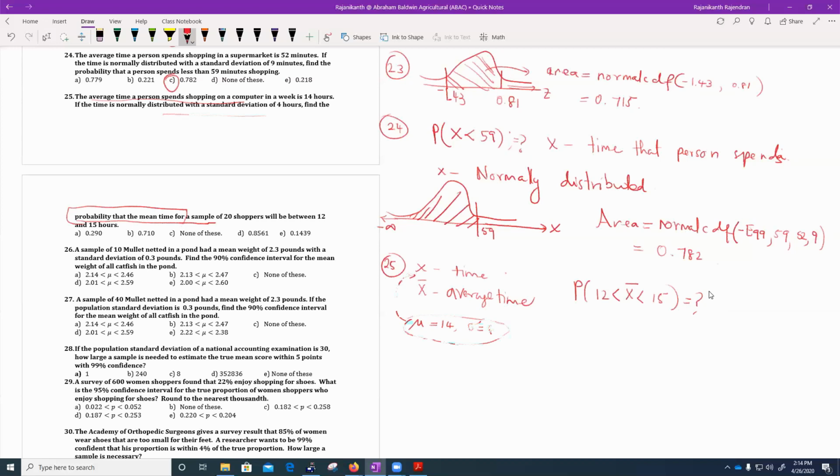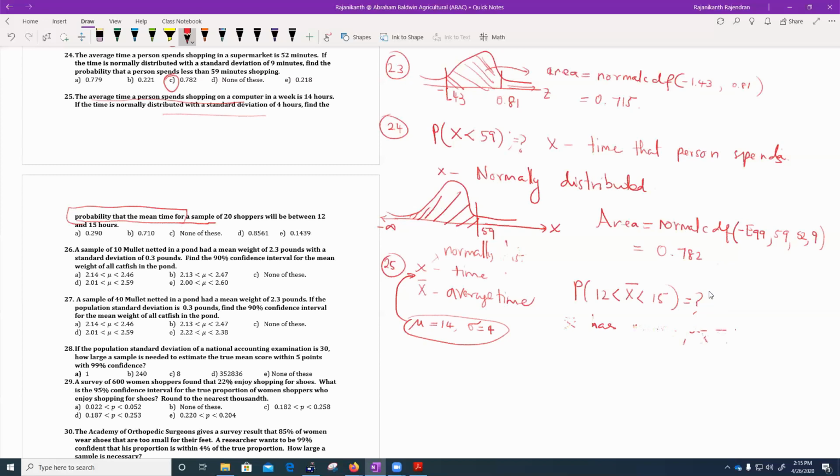But the question is finding the probability of x bar. Remember, we have results we saw in the class. If x is normally distributed with mean 14 and standard deviation 4, then x bar, the average time, has a mean, which we denote as mu of x bar.